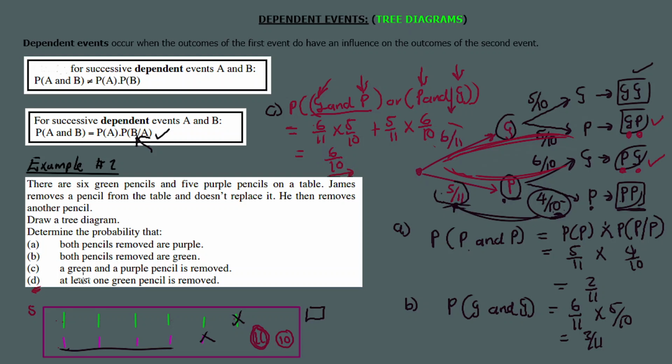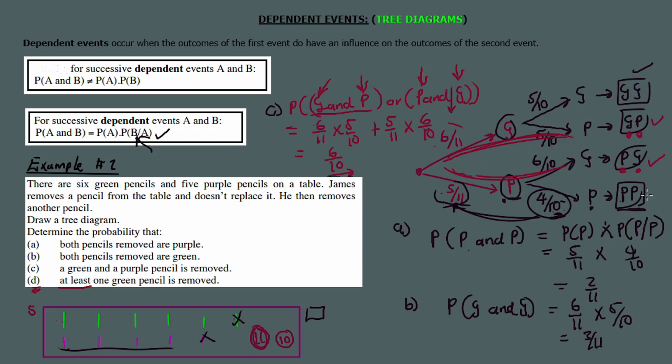And then with D, at least one green pencil is removed. The question wants the probabilities where at least one green pencil is removed. The words at least mean either one or more.